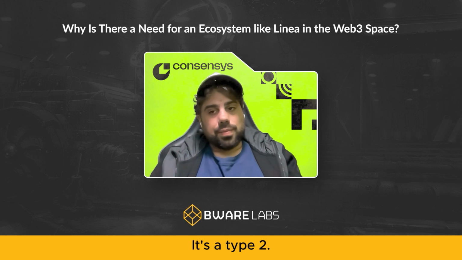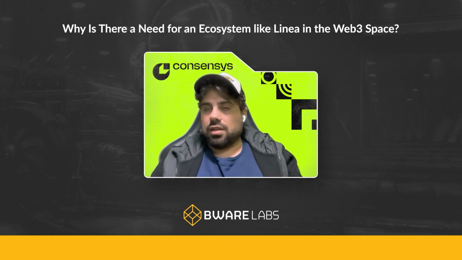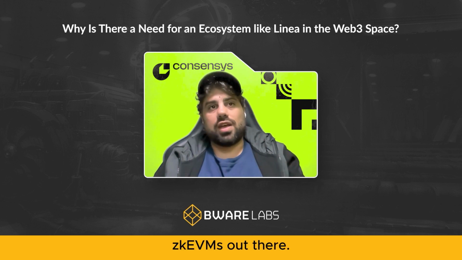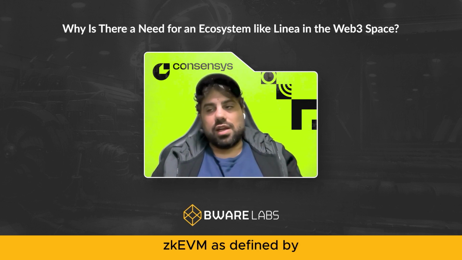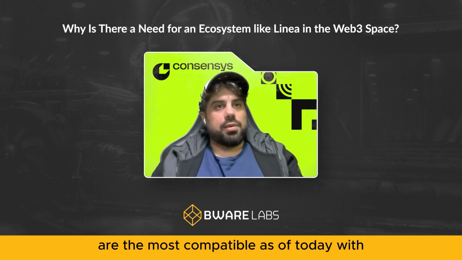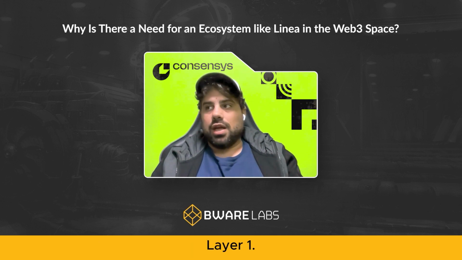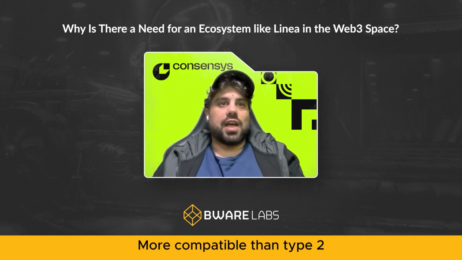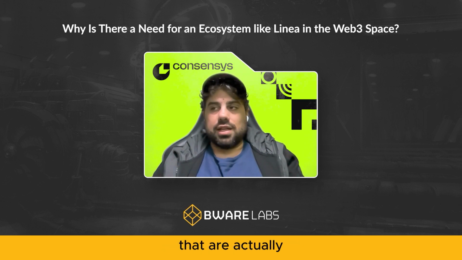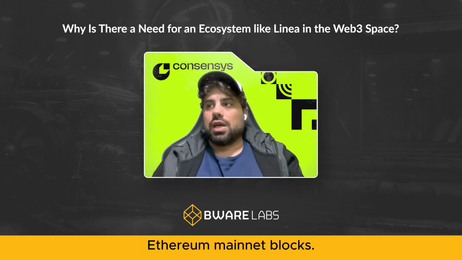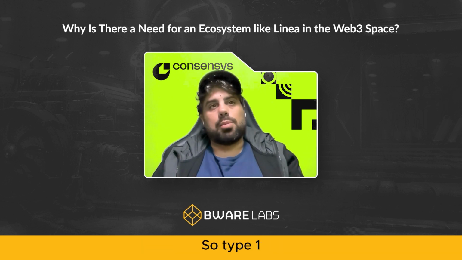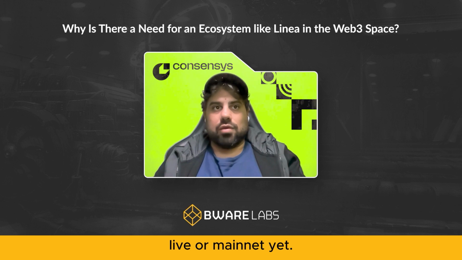It's a type 2. For those who are not aware, we have many ZK-EVMs out there. The type 2 ZK-EVMs, as defined by Vitalik, are the ones that are the most compatible as of today with Ethereum layer 1. More compatible than type 2 are just type 1, which are ZK-EVMs that are able to prove Ethereum mainnet blocks. But we are not there yet. So type 1 ZK-EVMs are not live on mainnet yet.